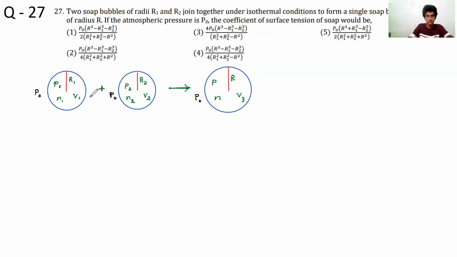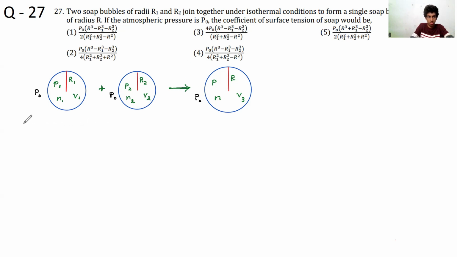And let's take the pressures inside these three bubbles as P1, P2, and P, and the number of moles within each soap bubble as N1, N2, and N, and the volume of each soap bubble as V1, V2, and V3. They have given that the atmospheric pressure is P naught.